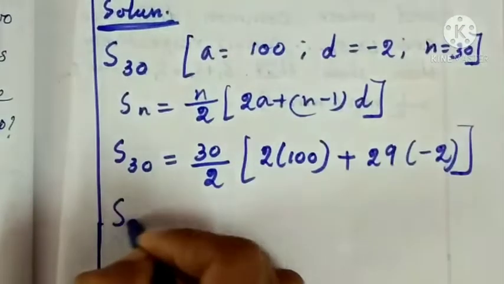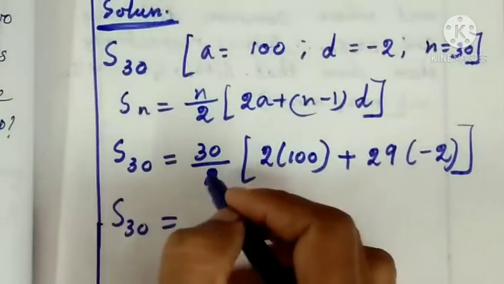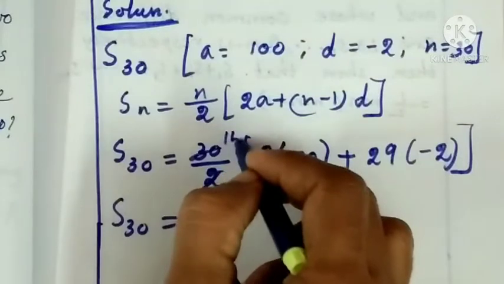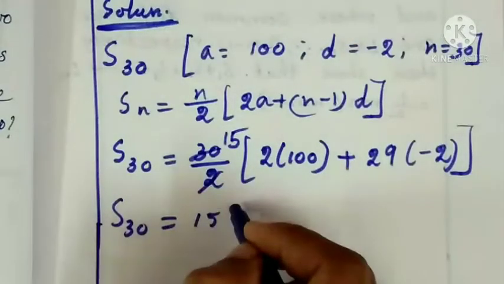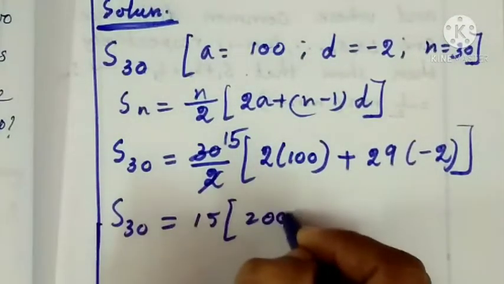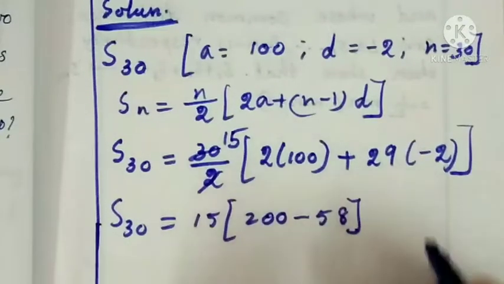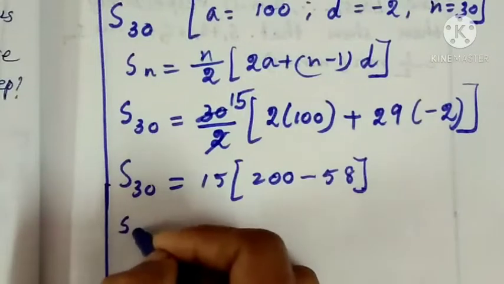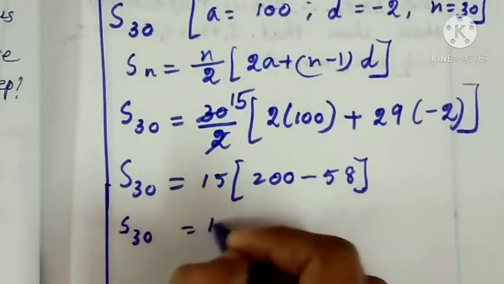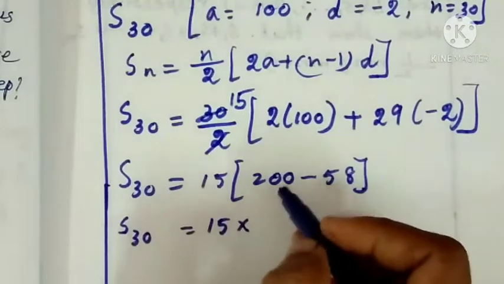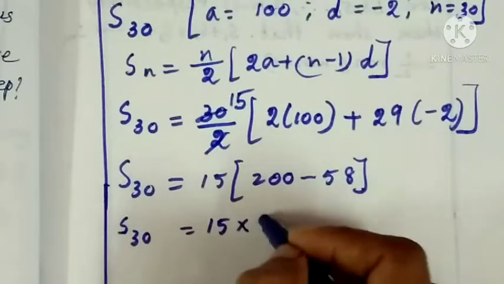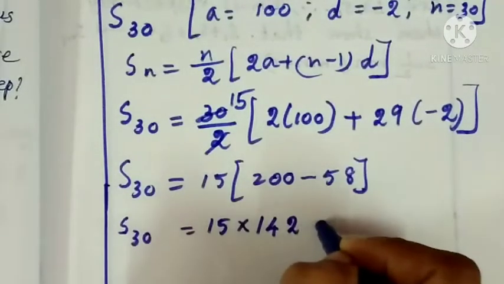That is, S30 is equal to, cancelling this by 2, we get 15 into 200 minus 58. That is, it can be written as S30 is equal to 15 into 200 minus 58, we have 142.